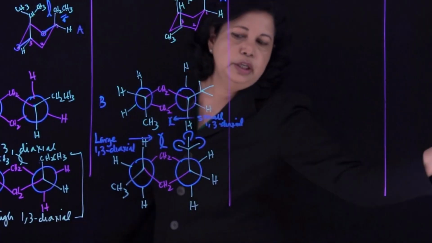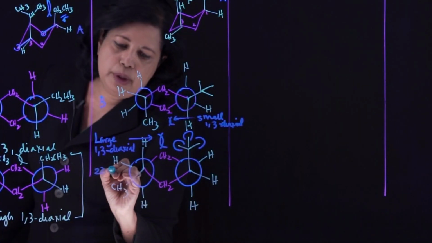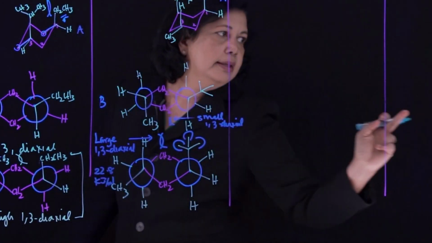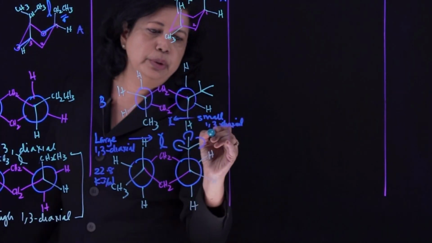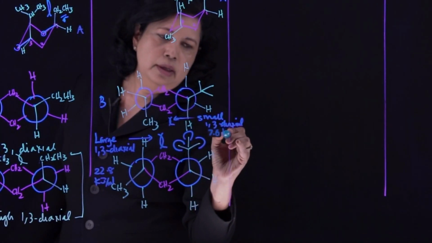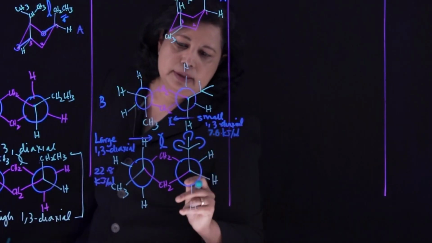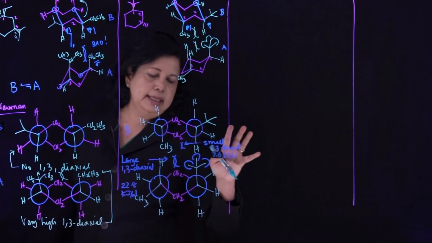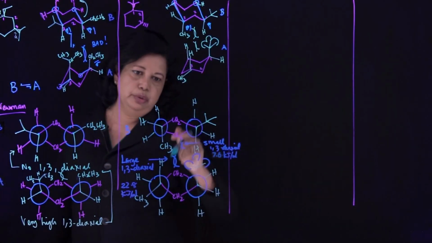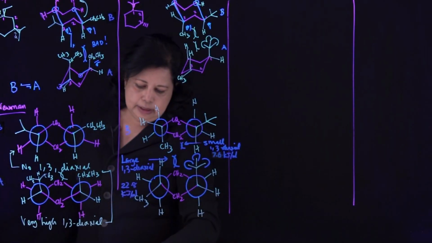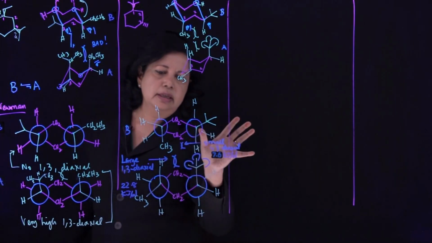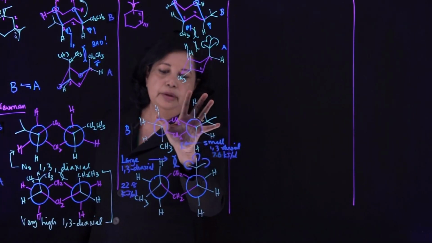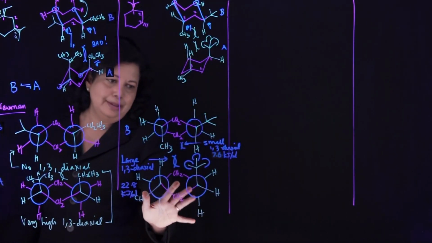And then in terms of energy, this is about 22.8 kilojoules per mole higher than this, which is going to be about kilojoules per mole. So that's about 13.6 kilojoules per mole difference between the two of them. We may have done something similar, and then it's about 99.5% here and about 0.5% here.